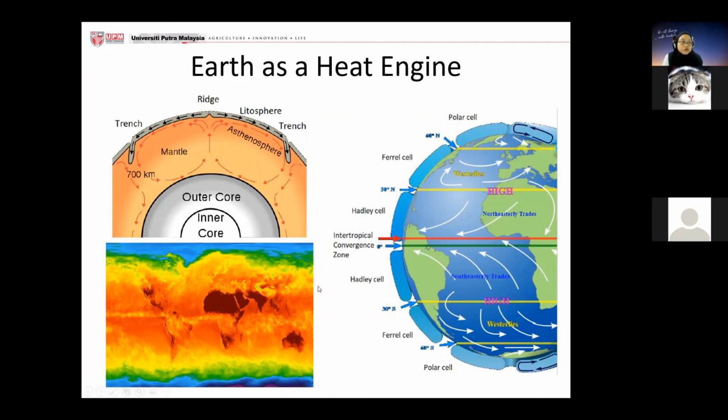So linking that to global warming, if you look here, actually the places where the global warming effects can be felt is actually here. If you look at that, the dark red is the hottest part, okay, and at the same time, this is also where the people are focused.